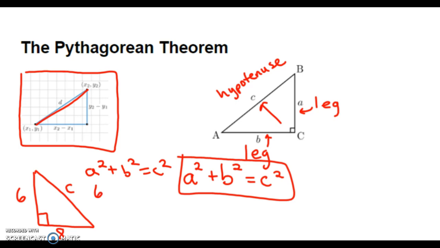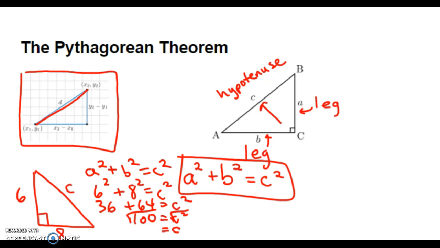Therefore, 6 squared plus 8 squared equals C squared. All we have to do is simplify our equation. 6 squared is 36. 8 squared is 64. Simplify the left side. We get 100 equals C squared. And we take the square root of both sides, so we get C equals 10. So the length of the hypotenuse will be 10 units.